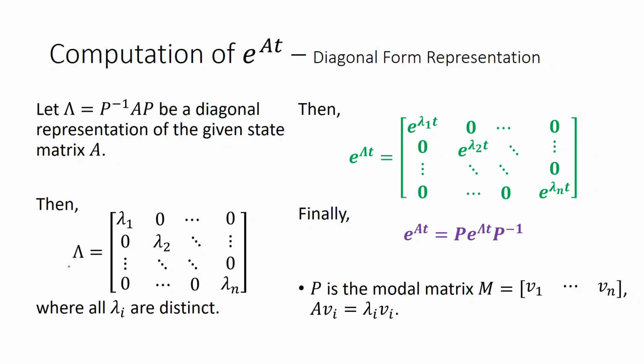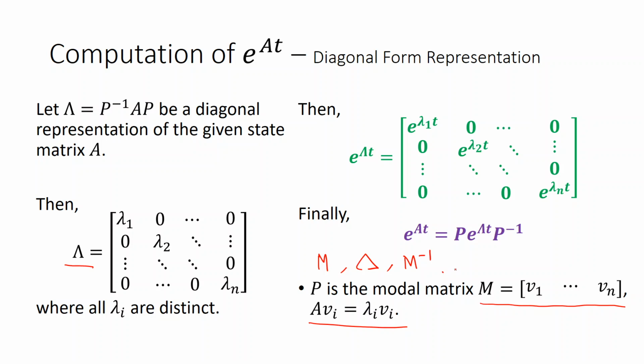You will get the diagonal form, and this matrix P is basically the modal matrix, where V1 to Vn are the eigenvectors of the corresponding eigenvalues. So you can find your M, and your capital lambda, which is the diagonal form, and M inverse you will also be able to calculate if you have your M.